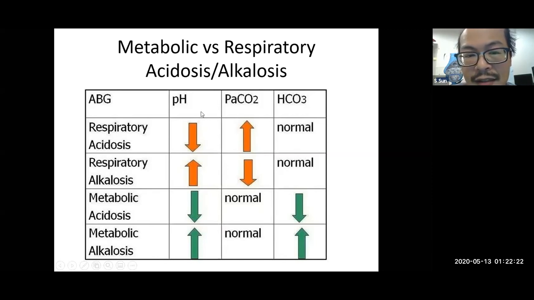So those are the three quantities we can measure in the blood: pH level, PaCO2, and bicarbonate. And by measuring these, we can classify it into respiratory versus metabolic acidosis or alkalosis.